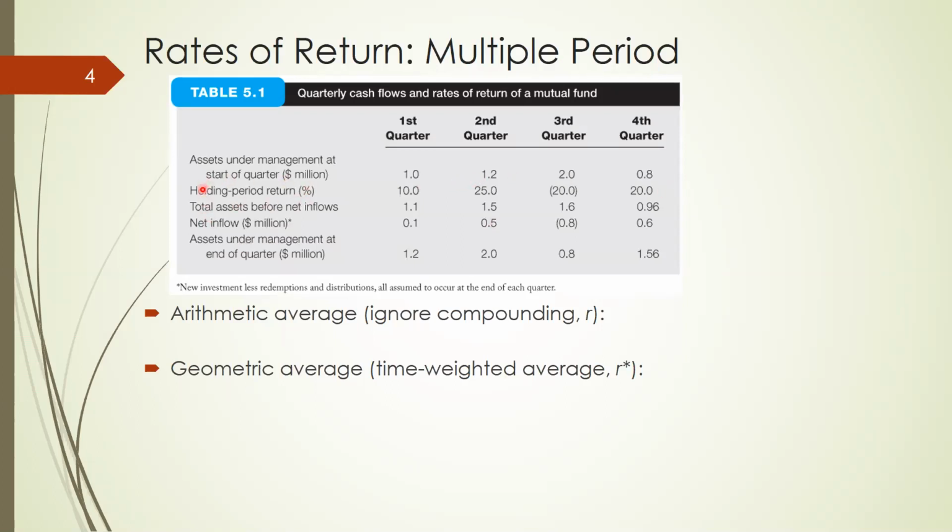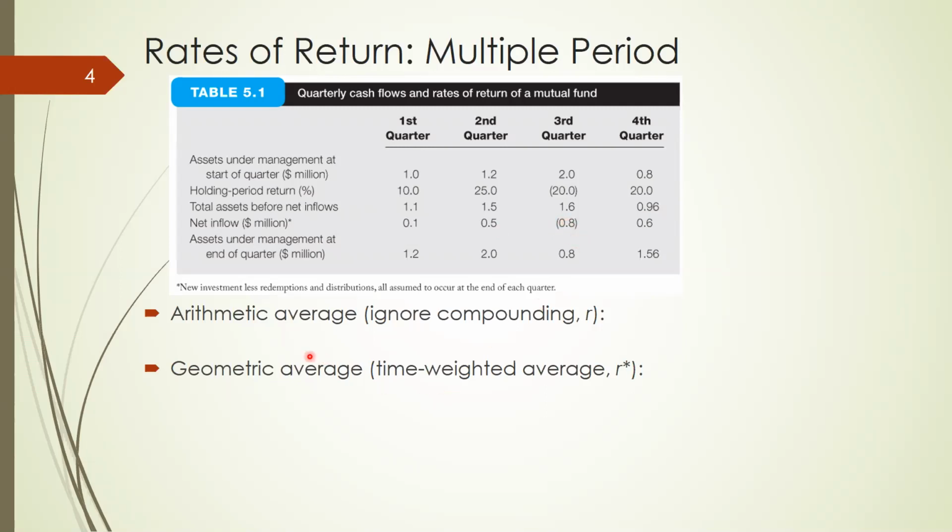The holding period return, which accounts for dividend distribution and capital gains, is 10% in the first quarter, 25% in the second, negative 20% in the third, and positive 20% in the fourth. And there are different inflows and outflows. Inflow is positive, outflow has parentheses, meaning negative.